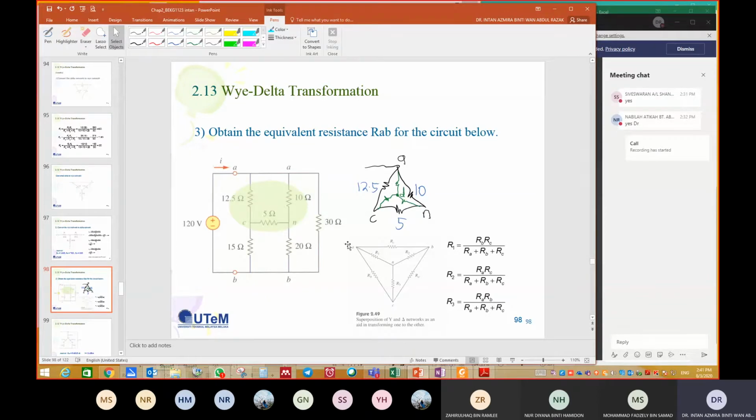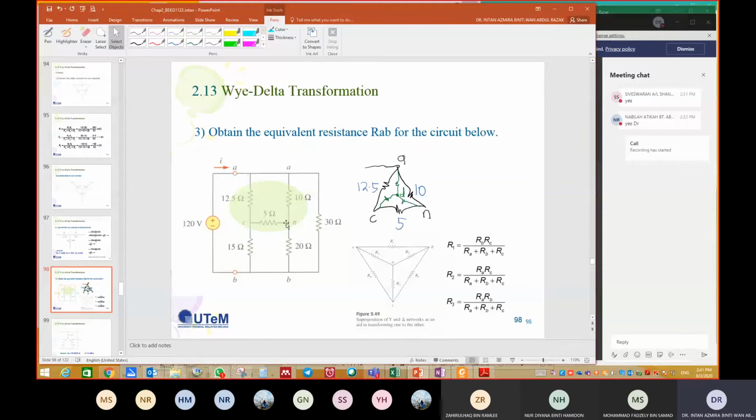So let's start. You can solve any part of this circuit. Either you solve this delta connection, 5, 15, and 20, or you may want to solve this side, 10, 20, and 30. This is delta. Or you may want to solve 10, 5, and 20.